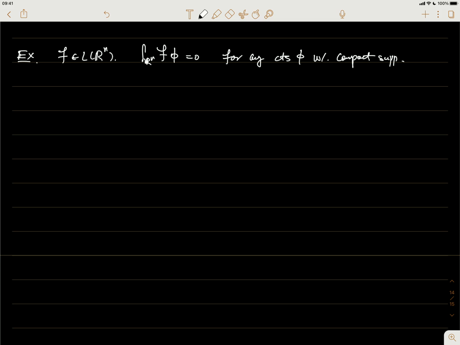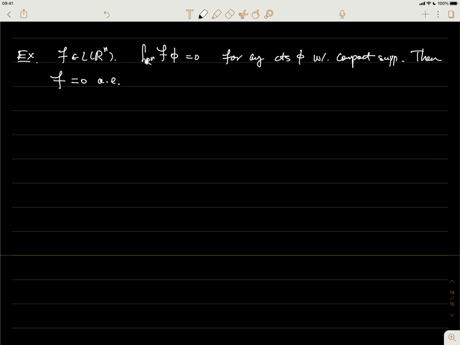That means phi has a bounded support, and it's continuous, and it makes this integral equal to 0 for any such continuous function. Then this implies f must be equal to 0 almost everywhere.